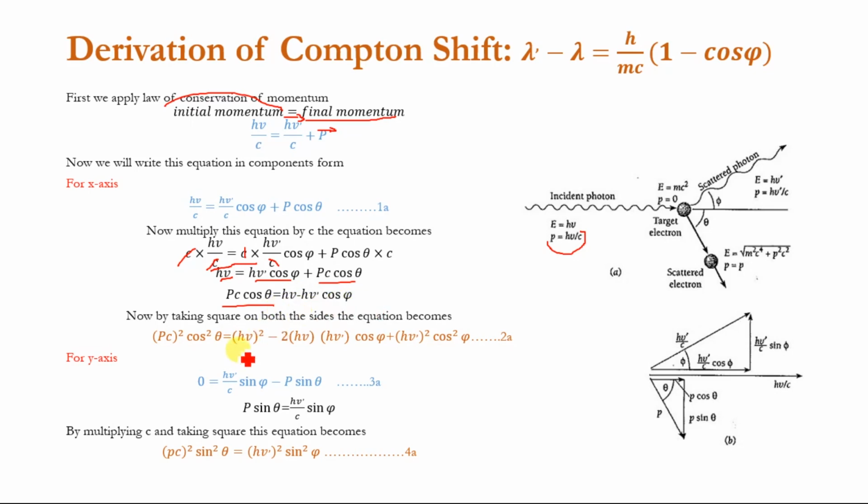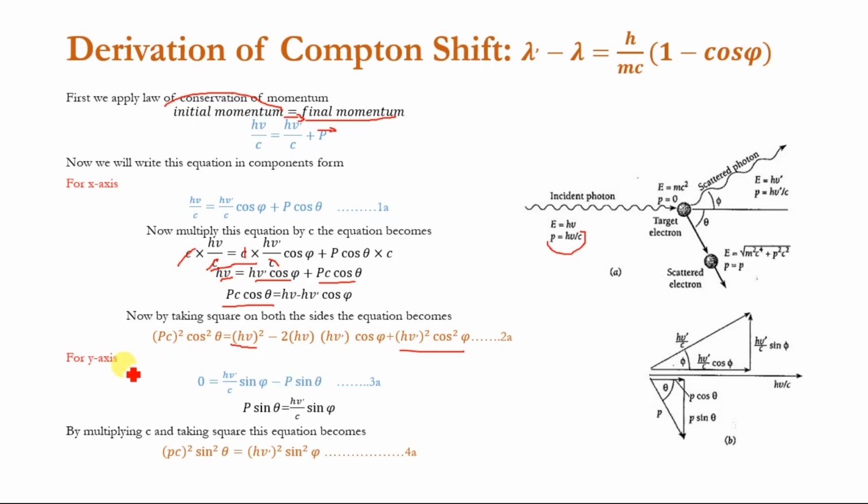So this term becomes (hν)² − 2 hν hν' cos φ + (hν')² cos²φ. This is a simple mathematical formula: (a − b)² is equal to a² − 2ab + b².